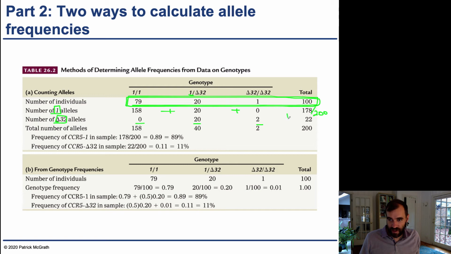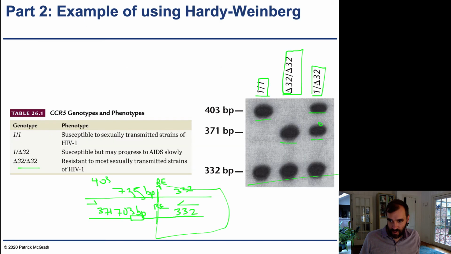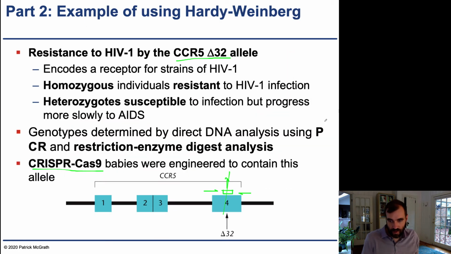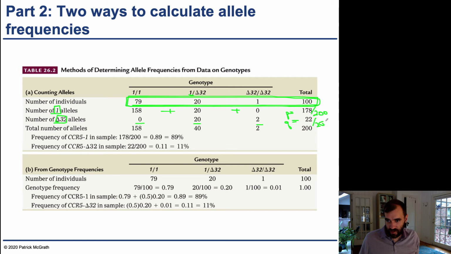So P equals this, and then Q equals this. So 22 divided by 200 is 11%, and 178 divided by 200 is 89%. So P equals 89%, and Q is equal to 11%.